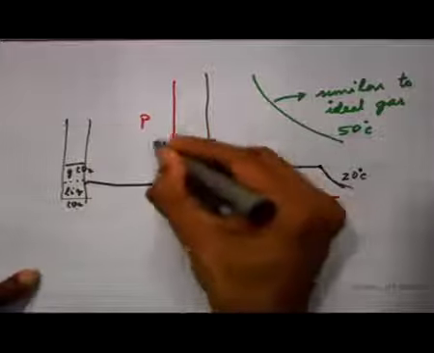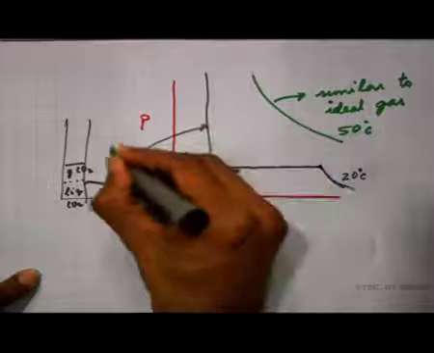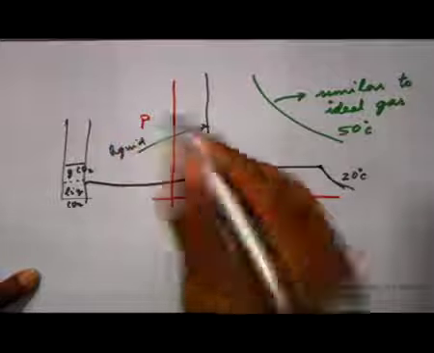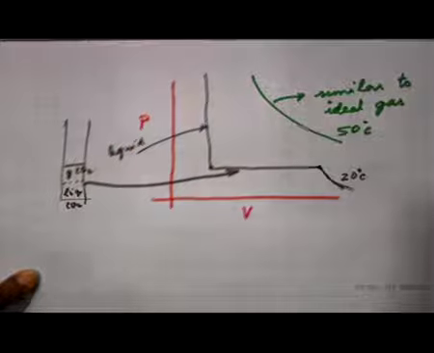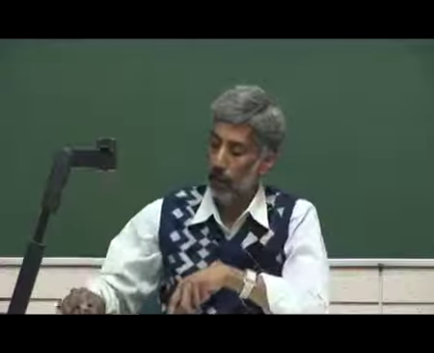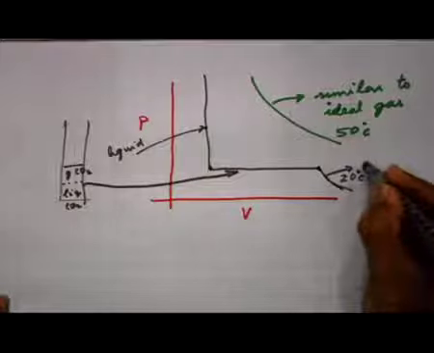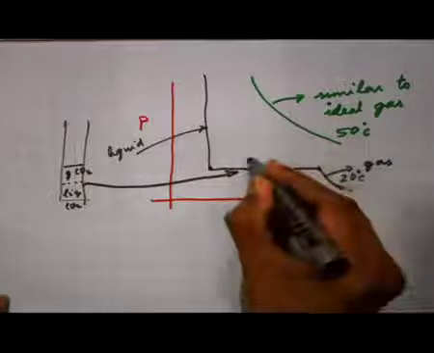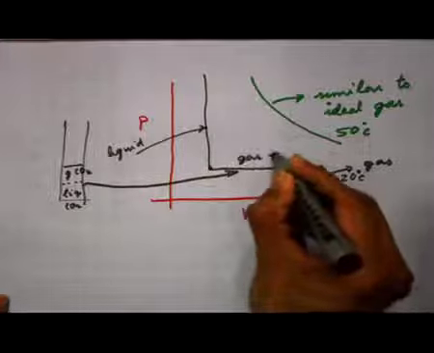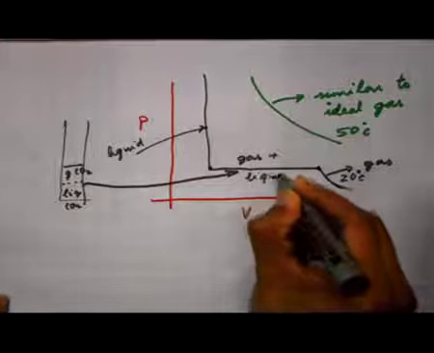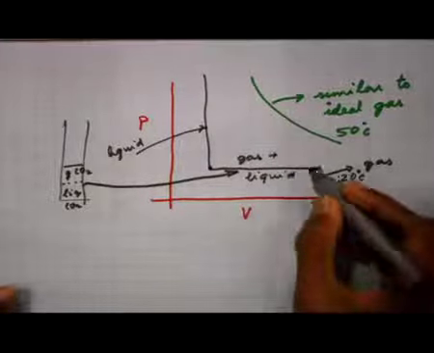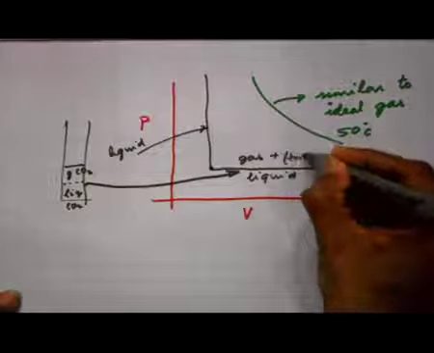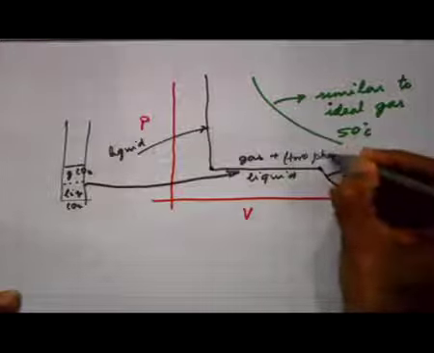So, this is the liquid part, where you have purely liquid. In this part you have only gas, and here you have gas plus liquid. This is also called the two-phase equilibrium.